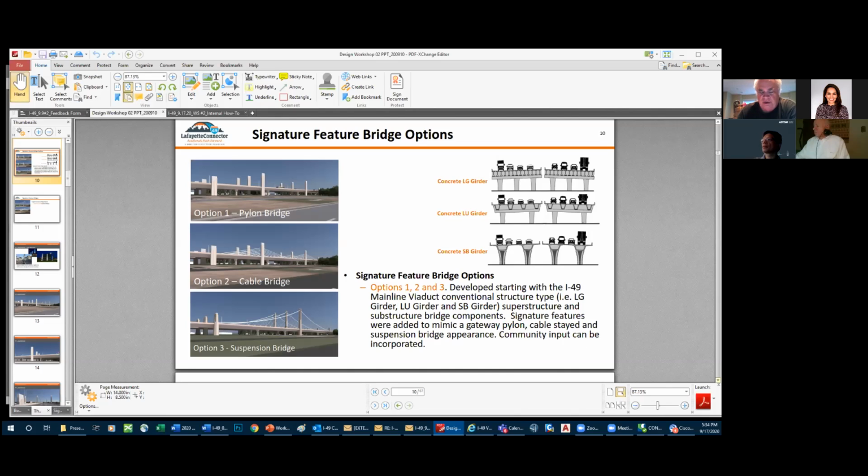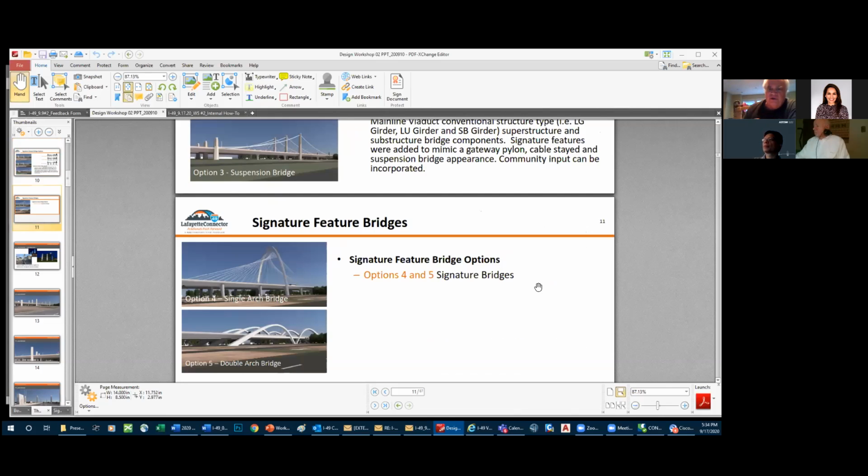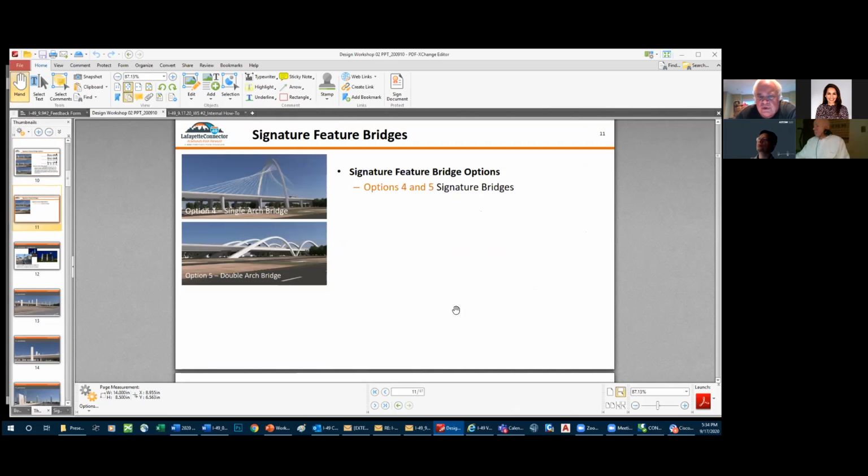And how about the two signature bridges themselves, the single arch and the double arch? Were those pretty clear in terms of the differences? Any questions there on design characteristics and how those evolved in terms of concepts? And I guess my question to everyone is, does it seem to make sense to be using things like the Cajun accordion or the pelican wings as inspiration for these kinds of things?